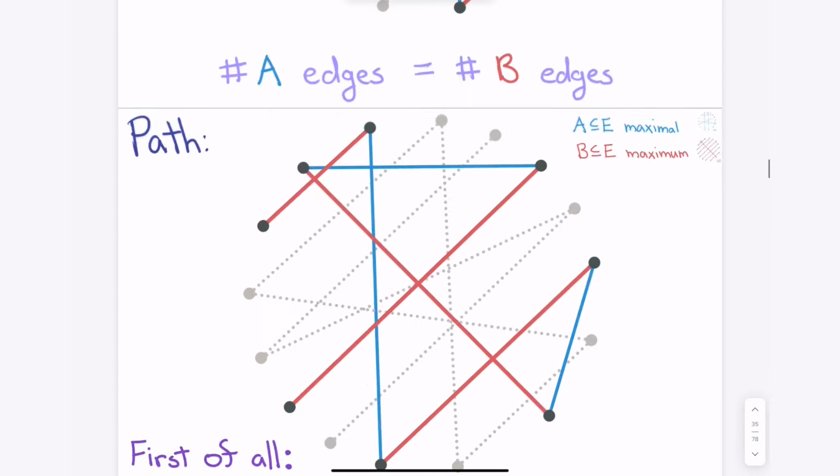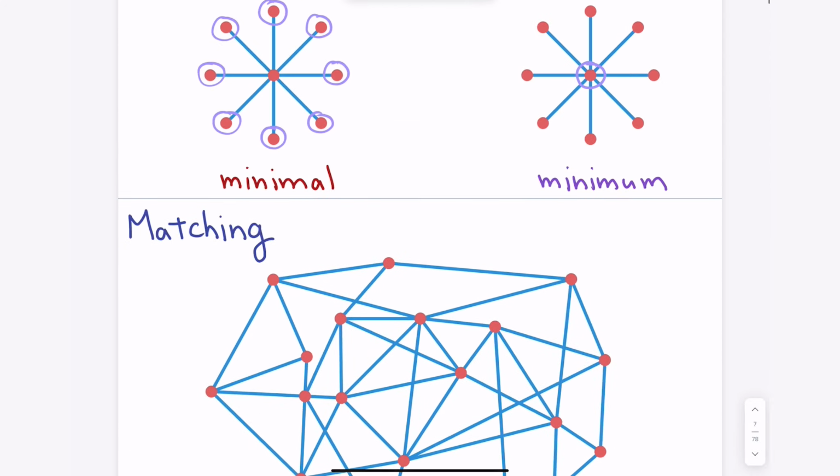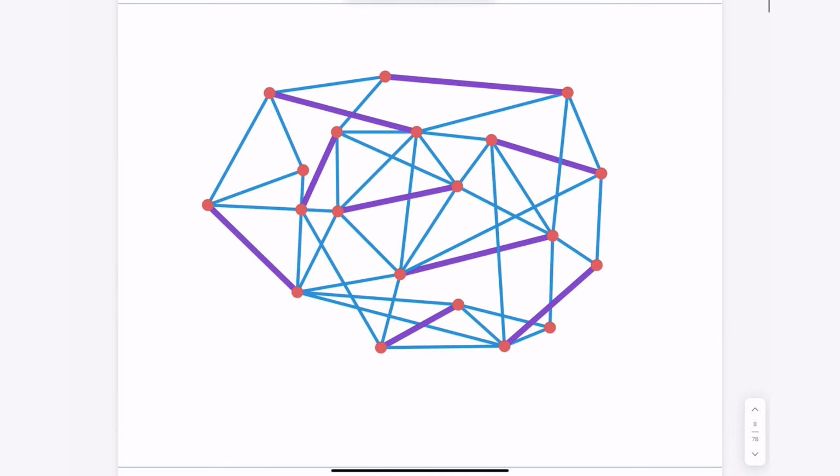Okay. So I think maybe if we go here, oh, well, here there's an odd number of edges. So here we actually have two unmatched vertices.